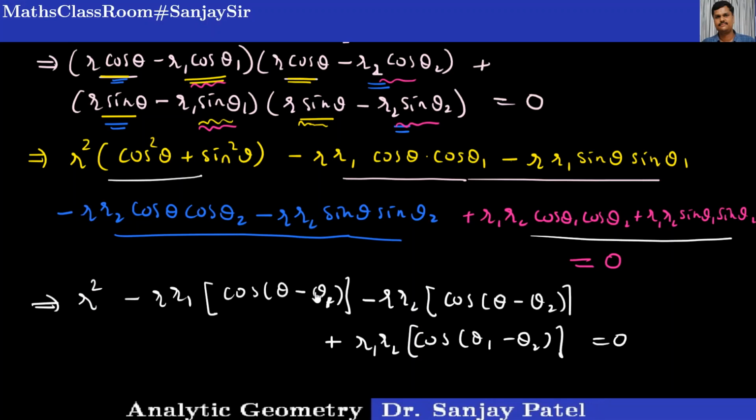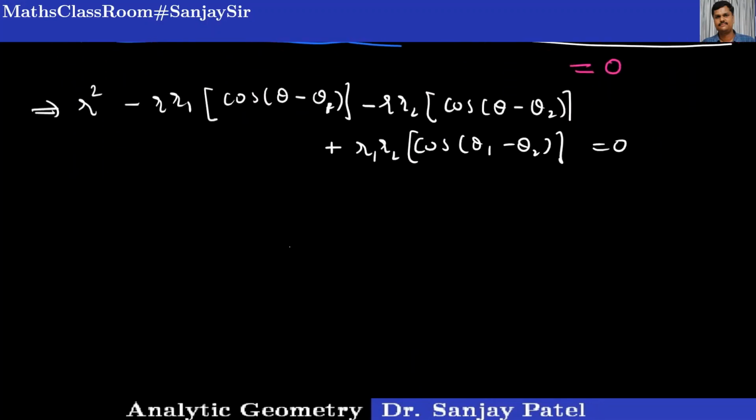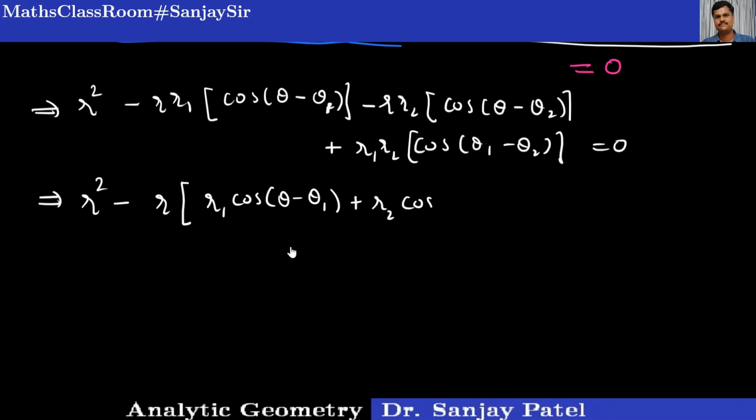So this is the polar equation of a circle having diametrical endpoints. Let me write it again: r square minus r into bracket r1 cos of theta minus theta 1 plus r2 cos of theta minus theta 2, plus r1 r2 cos of theta 1 minus theta 2 is equal to 0.